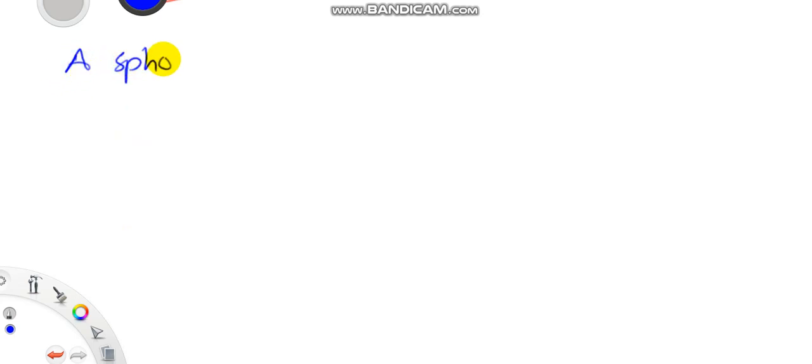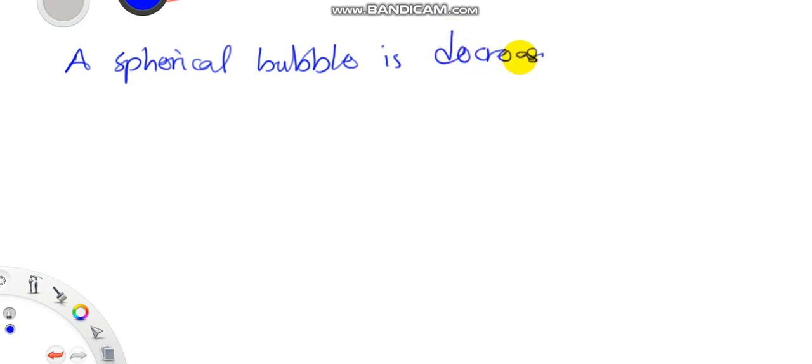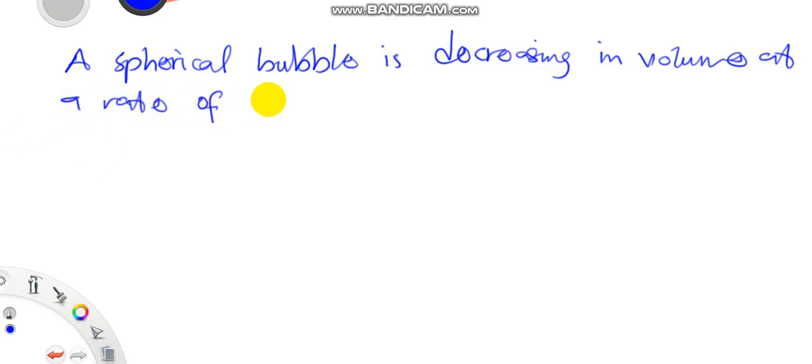Just rewriting, the problem says a spherical bubble is decreasing in volume at a rate of 2 centimeter cubed per second.